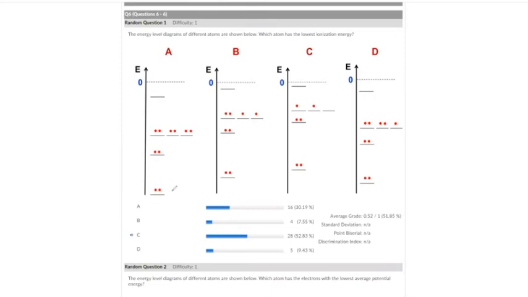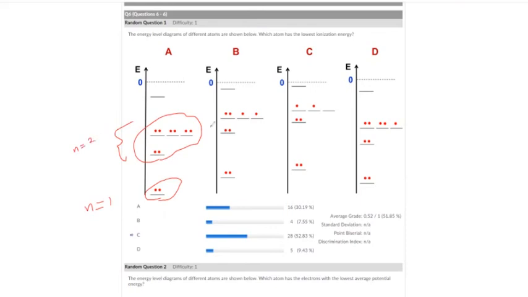We have the first shell over here with the lowest potential energy because they are closest to the nucleus, and this is our first shell, called n equals 1. And then we have our second shell over here. This is our n equals 2 shell.